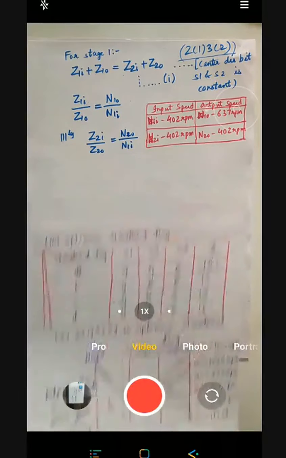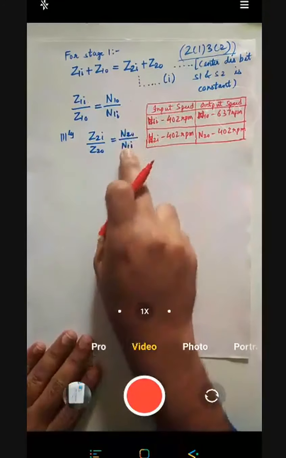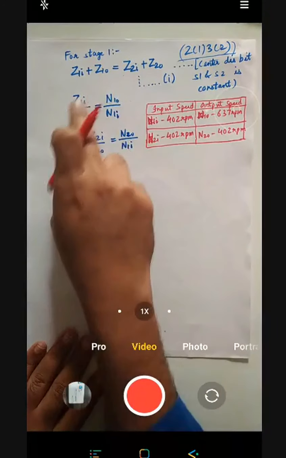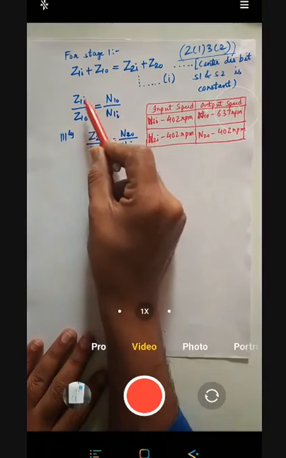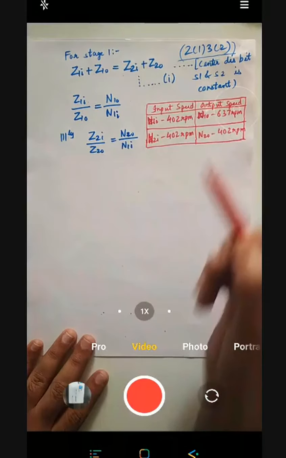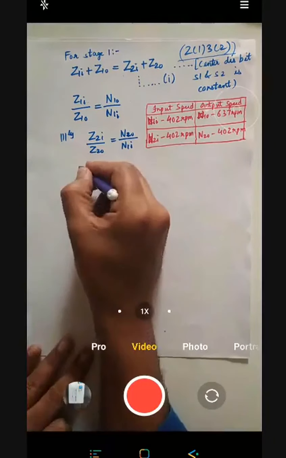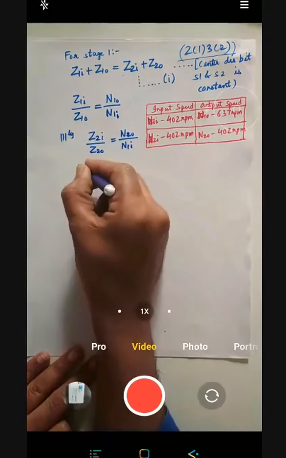Okay. So now basically we have got the values of input and output. We will form equations. We will find the relation between Z1 input and Z1 output, use that relation in equation number 1, and then we will solve that equation number 1. Right? So if we go on, we substitute these values in here.